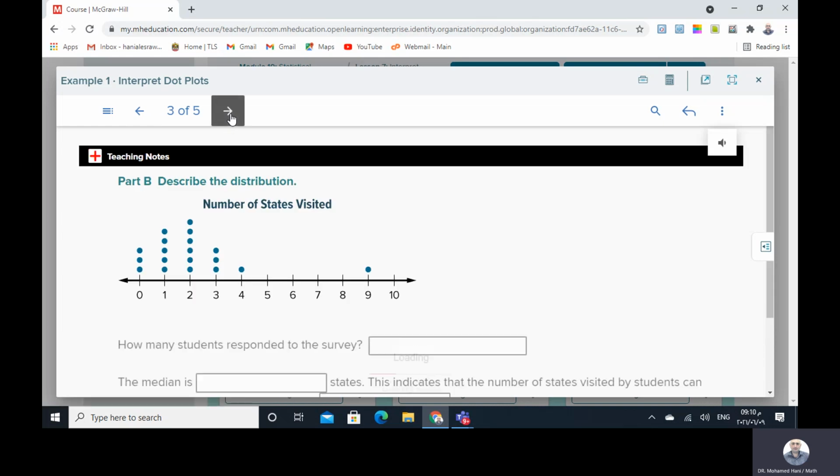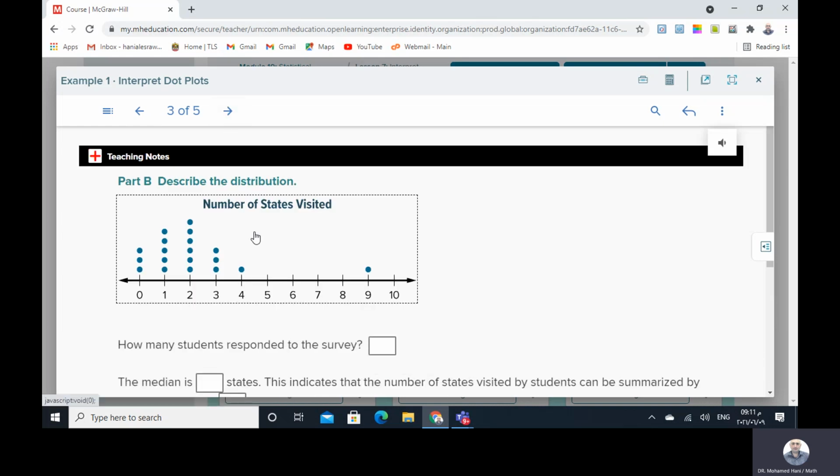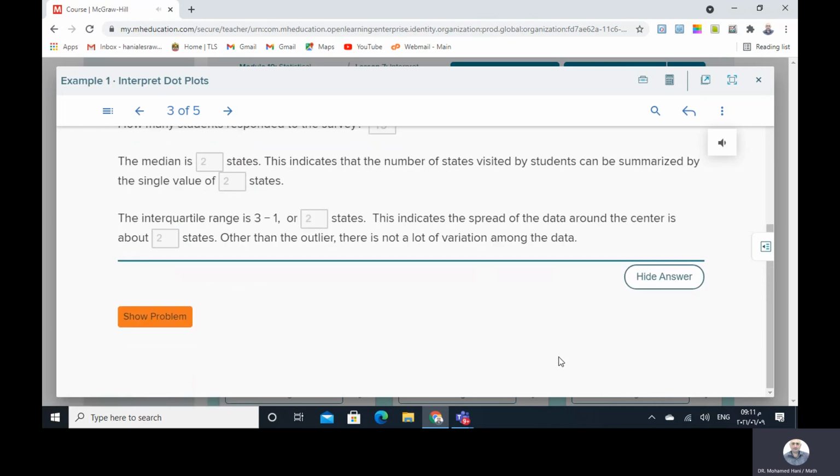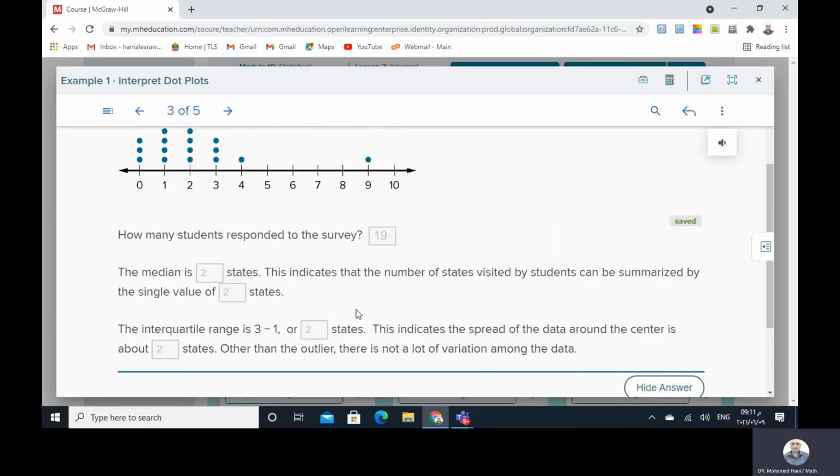The second step describes the distribution. As you see here, how many students responded to the survey? The number of dots will be 19. So we can find the median will be 2.